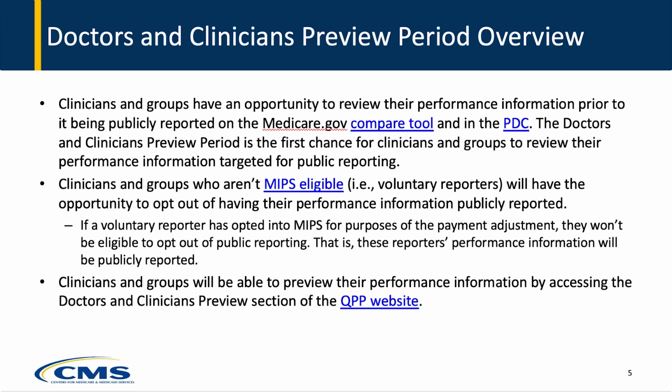MIPS eligible clinicians and groups can't do this. Please note, if a voluntary reporter has opted into MIPS for the purposes of a payment adjustment, they won't be eligible to opt out of public reporting. These reporters' performance information will be publicly reported.